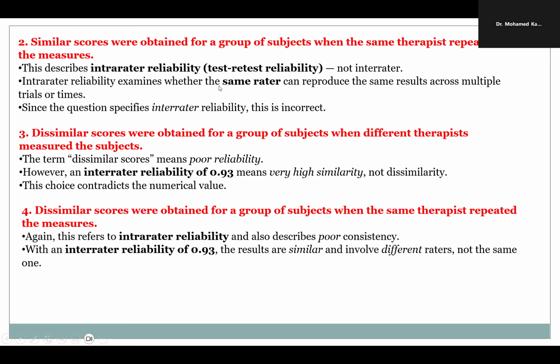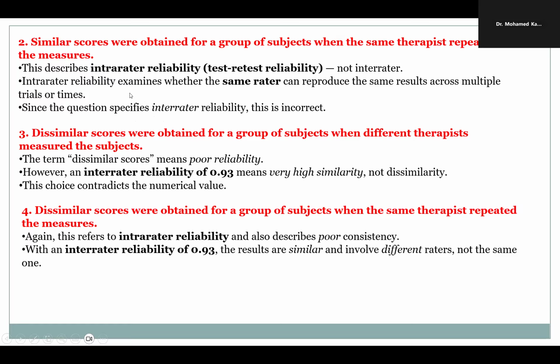The same therapist is repeating the experiment one, two, three, four times, so it is the same rater who may be able to reproduce the same result across multiple trials. So this is not what was mentioned in this question.